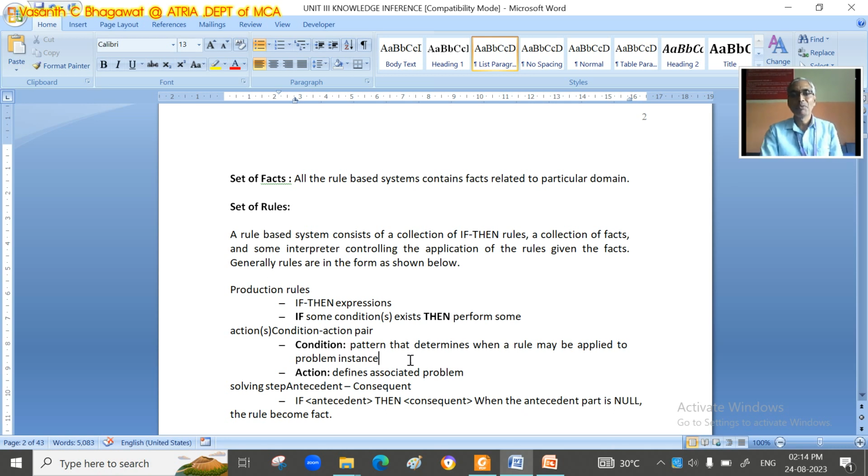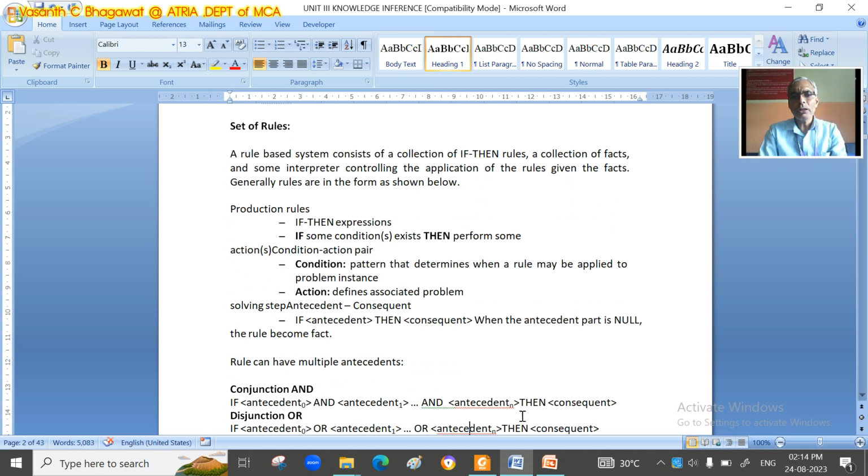So the left-hand side we call the condition, and the right-hand side is the action, which defines what you are going to do. In other terms, the left-hand side is also called the antecedent, and the right-hand side is also called the consequent.